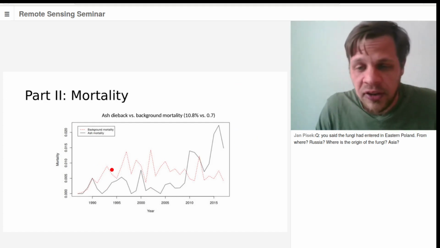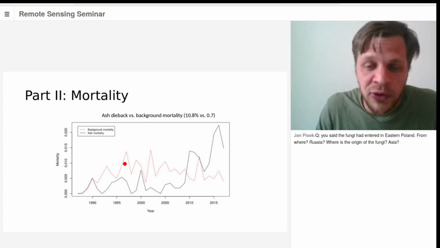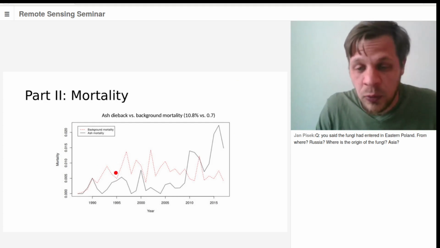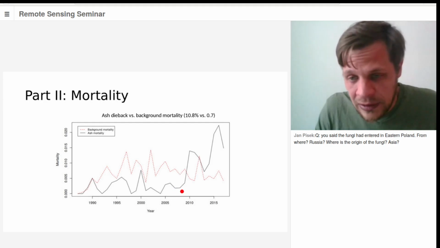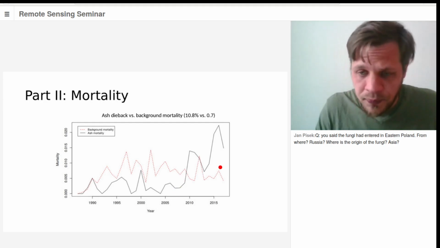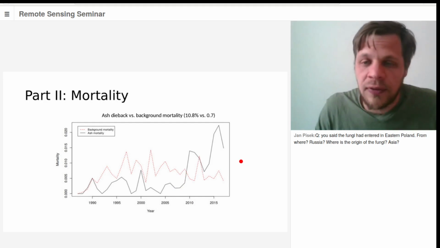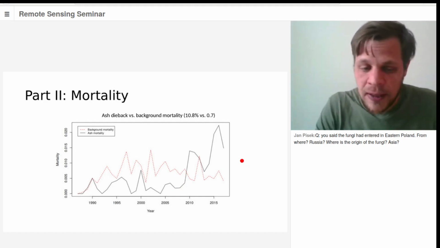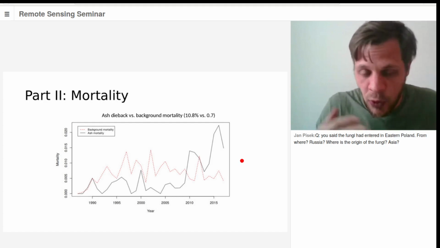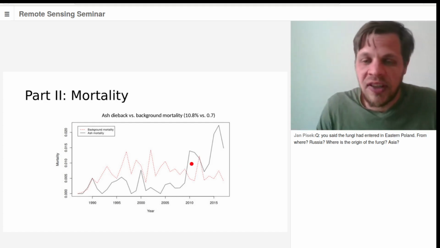In this case, this red line is the background mortality. Background mortality was, in most of the years until, let's say, 2010, even higher, which is somehow clear because all the other trees in the plots are, of course, larger in numbers. So it's clear that the mortality should be higher.